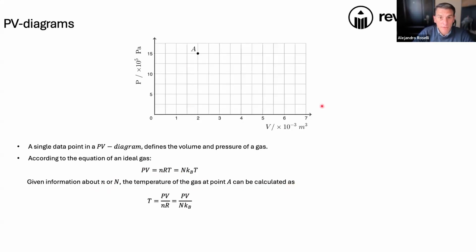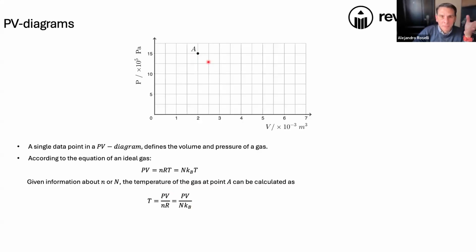Even though this diagram has no direct information about the temperature, we can calculate it as long as we're given information about the number of particles of the gas. We can just use the ideal gas equation to find what the temperature at that particular point would be, if we are given the number of particles or number of moles.